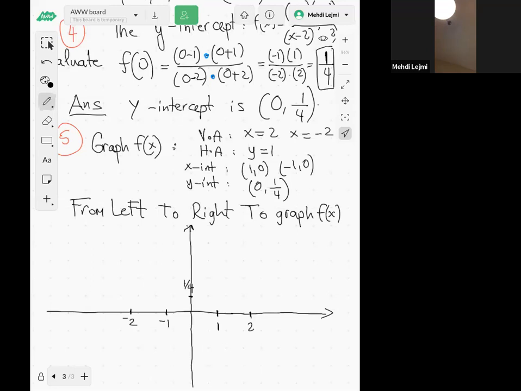Right? And I'm going to draw my vertical asymptotes, at x equal to +2 and x equal to -2. So here's my first vertical asymptote at x equal to +2, and x equal to -2.